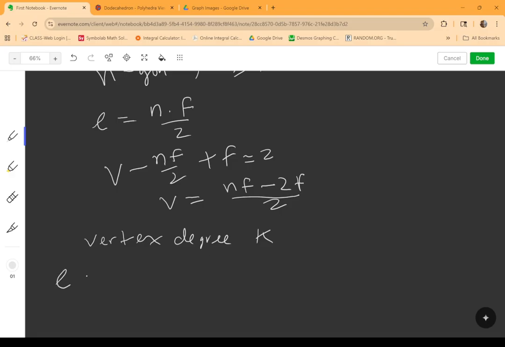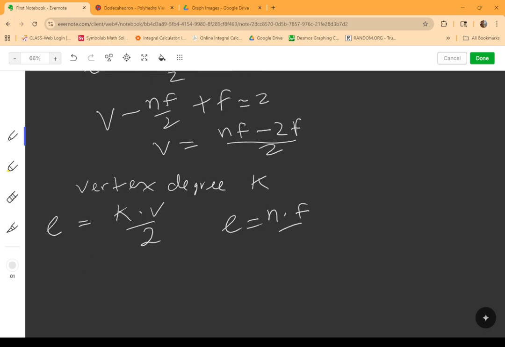So edges are k times v over 2. Right, but edges from before are n times f over 2 as well.